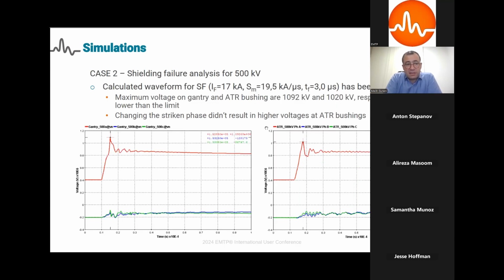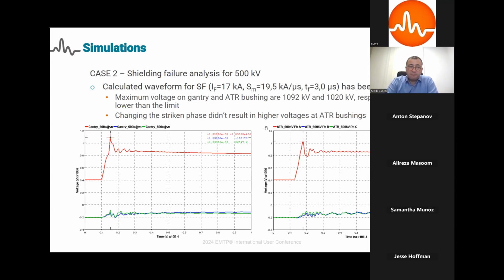Then the second case is the shielding failure analysis. With the calculation methodology we presented in previous pages, the crest current was calculated as 17 kiloamps. The steepness of the waveform was calculated as 19.5 kiloamps per microsecond, and front time was 3 microseconds.